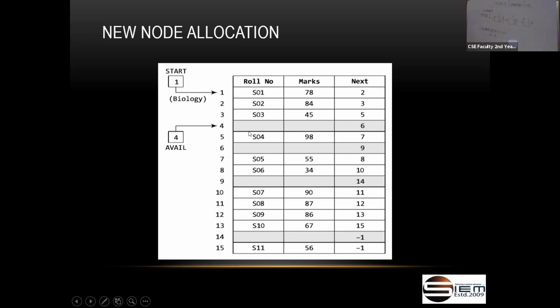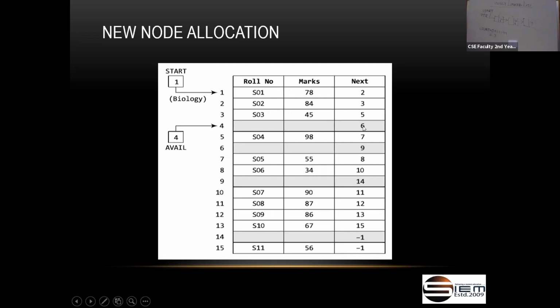They will also come under a single linked list of free spaces, and the starting address of this linked list is 4. Here we have not written start, here it is written avail, because it is showing the address of available space. So the first available space is at 4.